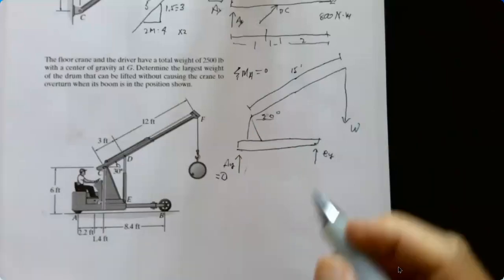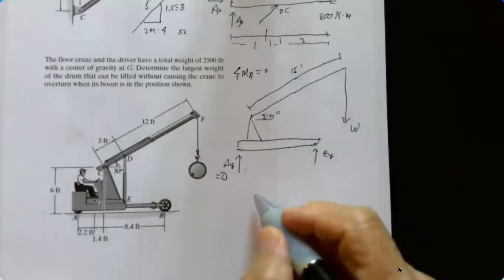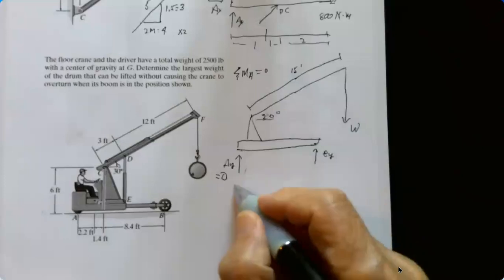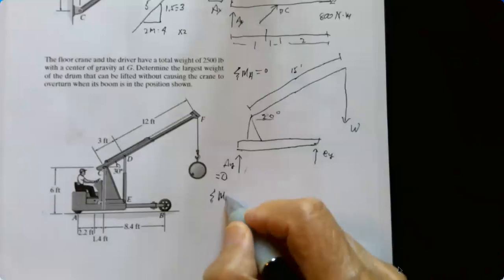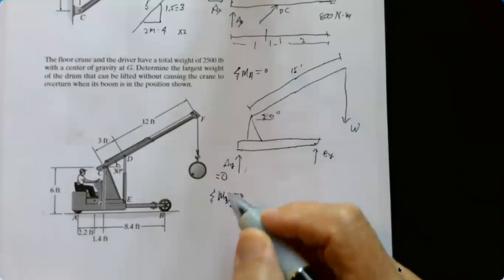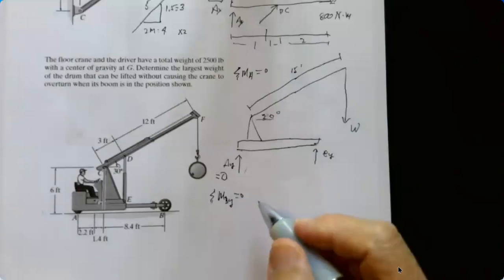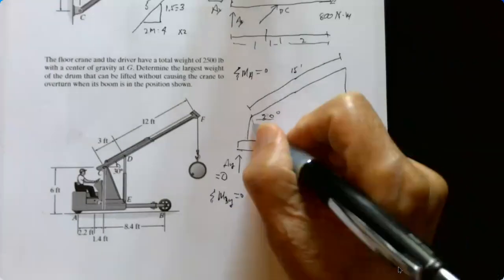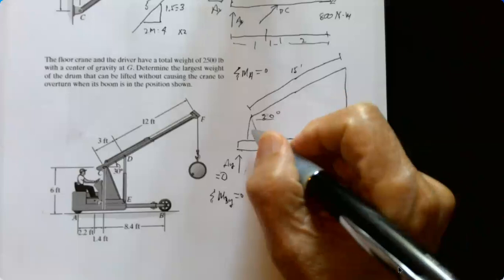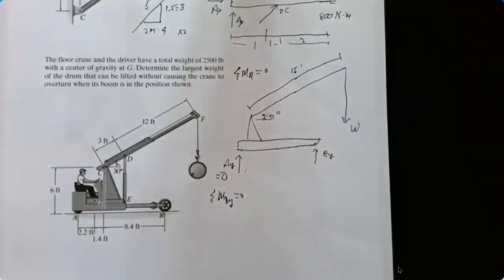Okay, so we can now solve. I'm going to take moments about B sub Y, equal to 0. I have the weight acting down at 2,500 pounds.